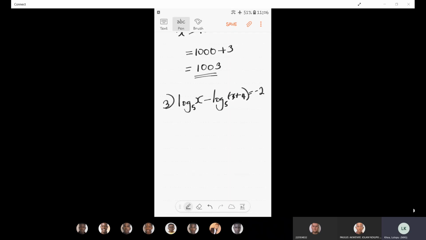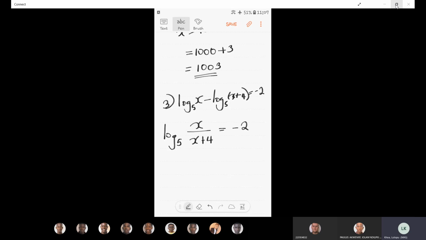Here the bases are the same. I have base 5 here and base 5 there. Those are the same. And if I'm subtracting logarithms that have the same base, I will just divide the arguments. So what I have is log base 5 of x divided by x plus 4. And this is equal to negative 2.